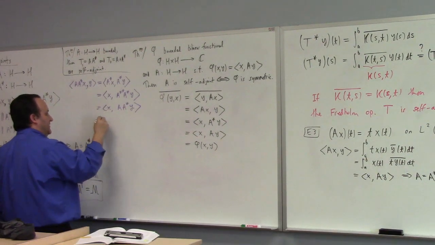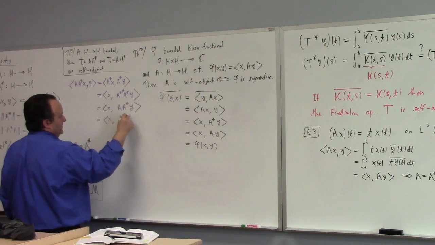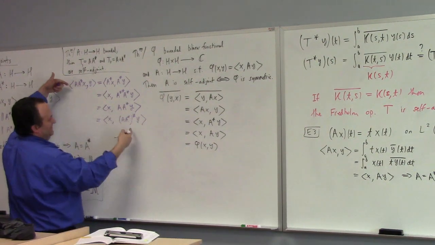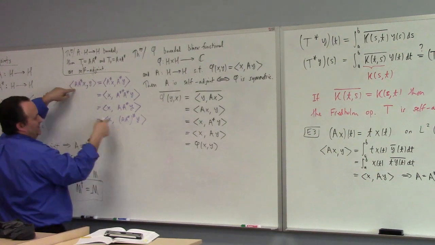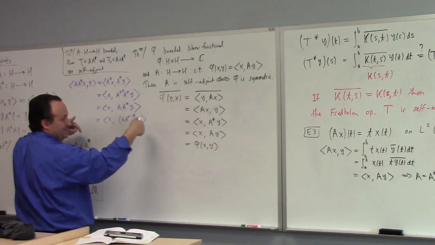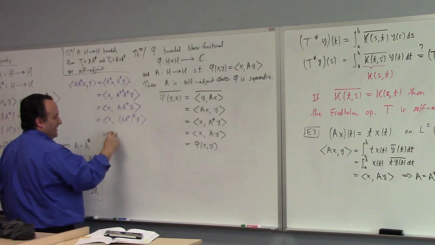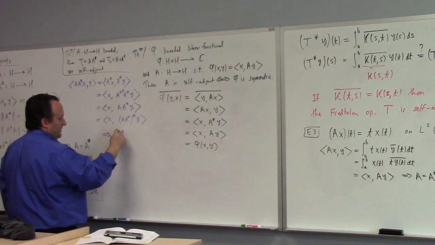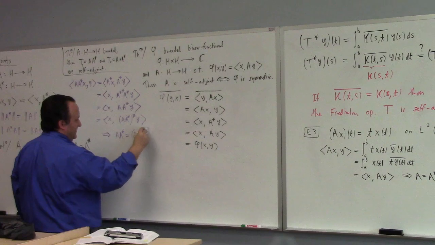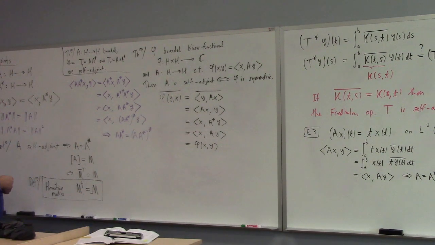But of course, by definition of adjoint, this is A adjoint A x, y, because going directly from here to here, we have that. But since this holds for all x and y, it implies that A adjoint A is equal to its adjoint, which is to say it's self-adjoint. All right.